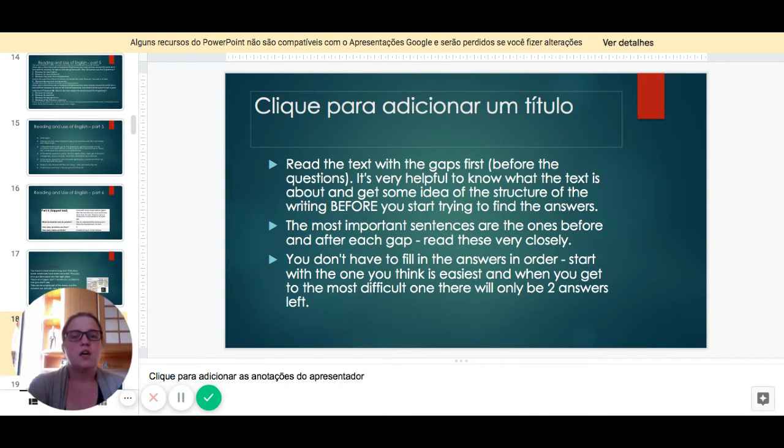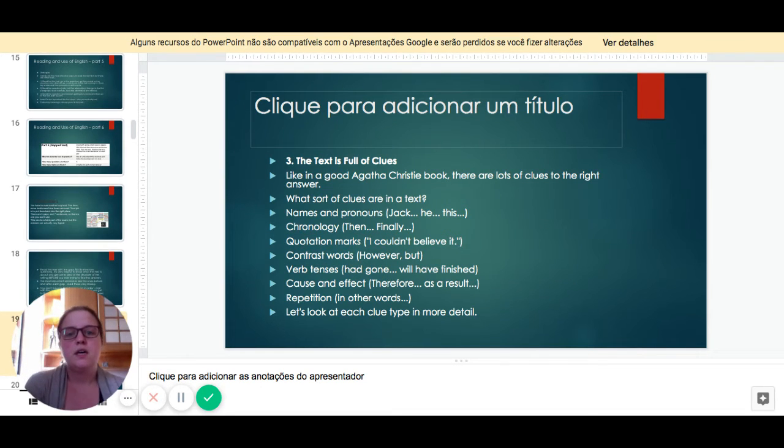Okay. And then the third tip is that you don't have to fill them in order. Okay, as you have multiple choices, you don't have to fill them in order. You can say, oh no, this is obviously the last one. Okay, it's fine. Okay.